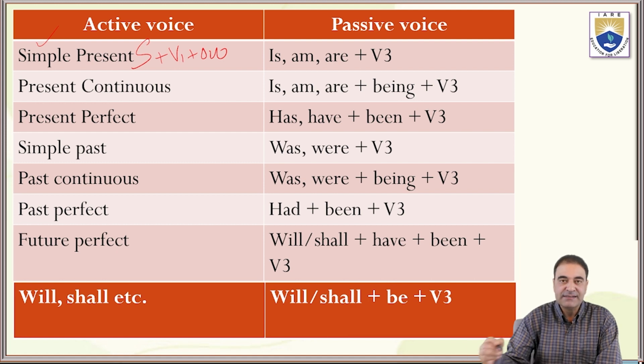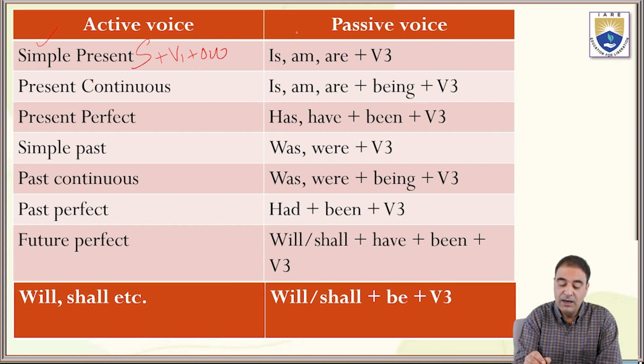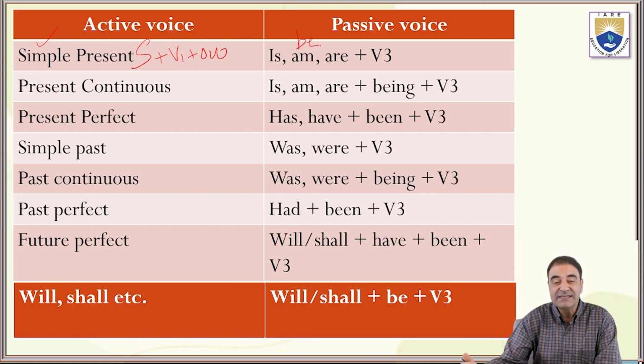And simple present changes into is, am, are, that is present be forms of verb, plus verb in third form. Simple present will change into present be form of verb plus verb in third form, like here, is, am, are plus verb in third form.